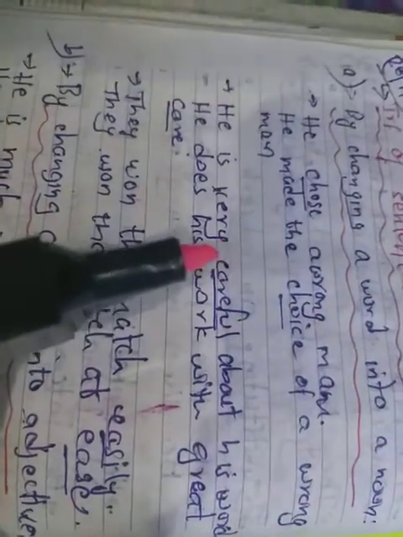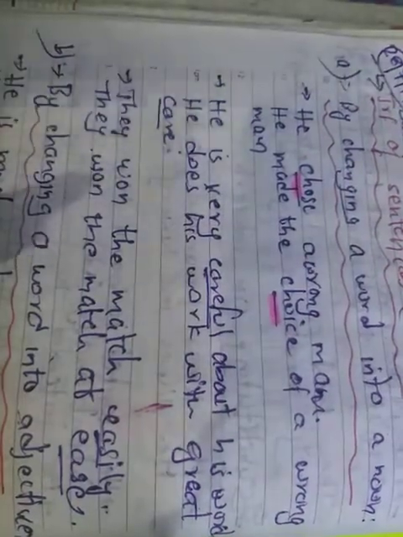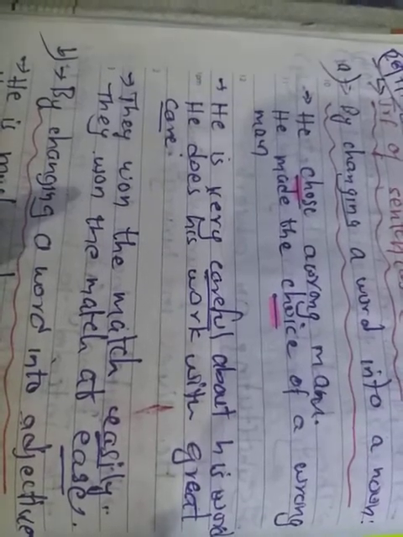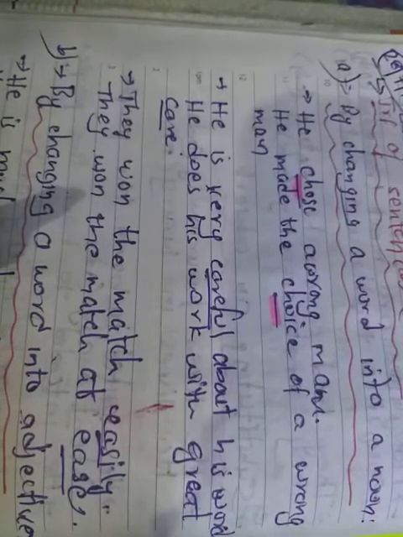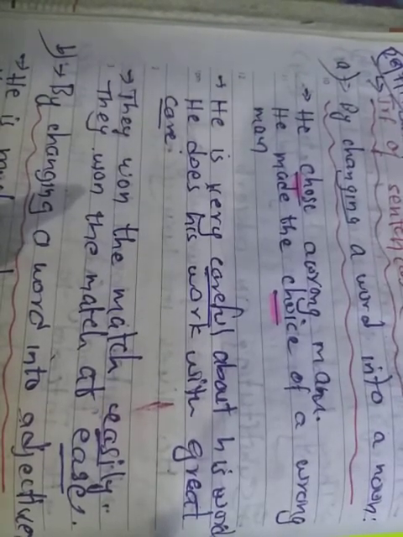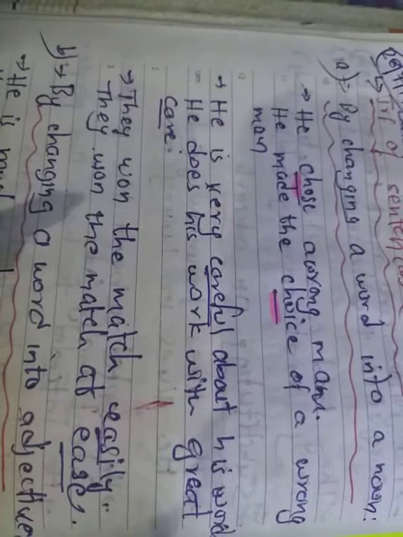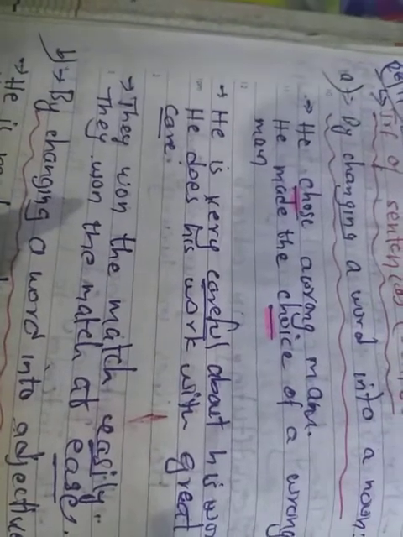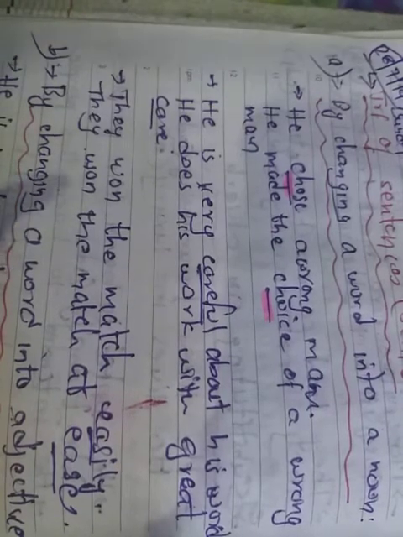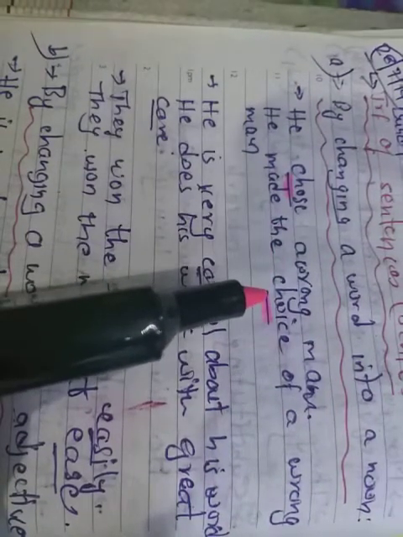Now for this you will need specific knowledge of the parts of speech, which is very important over here. You should know what the word is in the sentence, plus you should also know what part of speech it is to be transformed into. Unless you know that, you won't be able to solve this topic. You have already studied the parts of speech in the lower classes, so I'll not go into that detail, but you should be very clear that whichever word is given, you know which part of speech it is to be converted into.